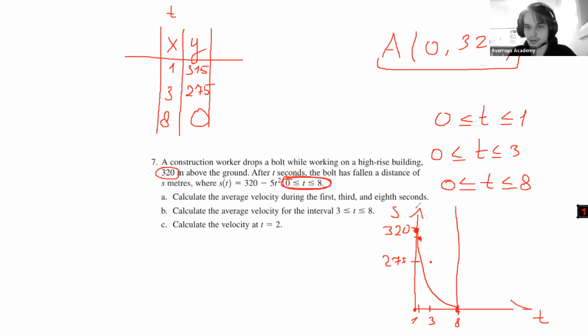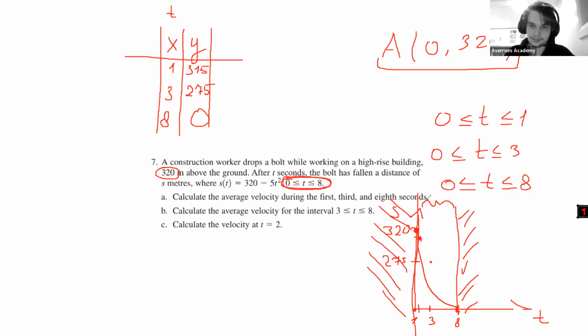I would separate the graph by 2 vertical lines because we know that t is in a range between 0 and 8. So we are studying our graph in this area, which is 0 to 8. And the area outside the lines is something we're not taking into account.